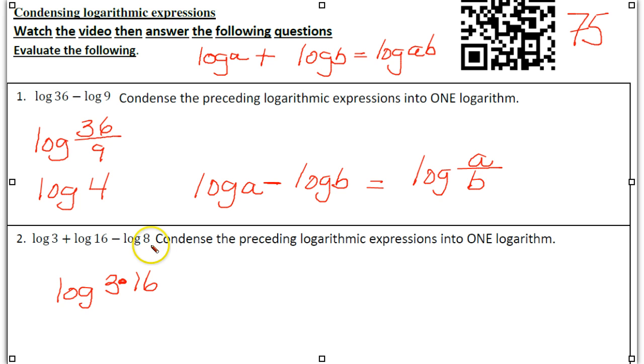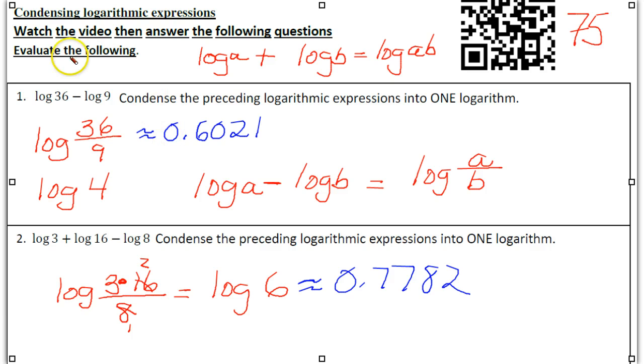And this is a minus now. So this is going to be divided by 8. Now we can do some simplification. 8 will go into there once. 8 will go into there twice. So here we end up with log 2 times 3 is 6.